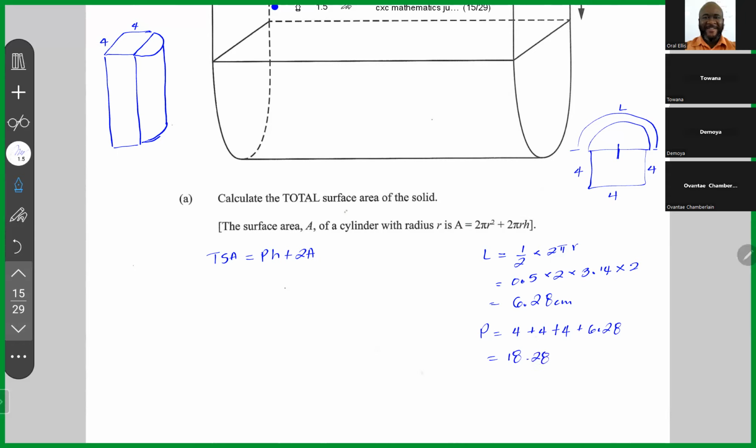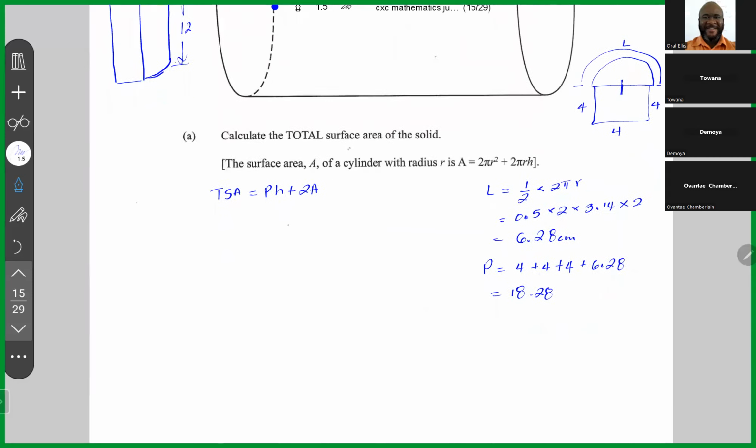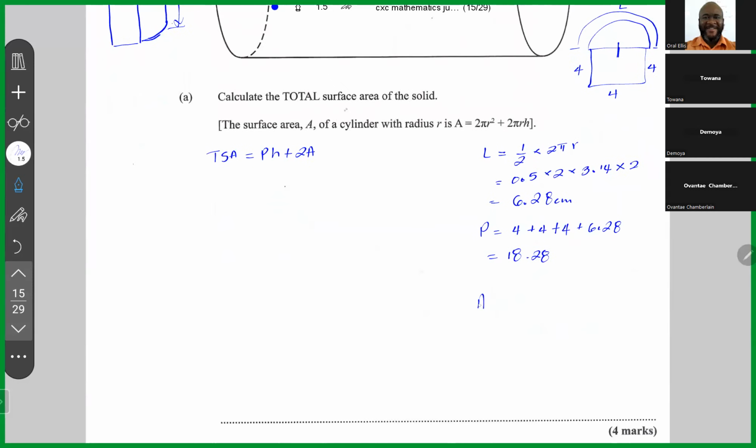When we talk about the height of the solid, it's this length here, which from the diagram we know is 12. Now we need the area of the cross section as well. The area would be the area of the semicircle, half pi r squared, plus the area of the square, length times length.